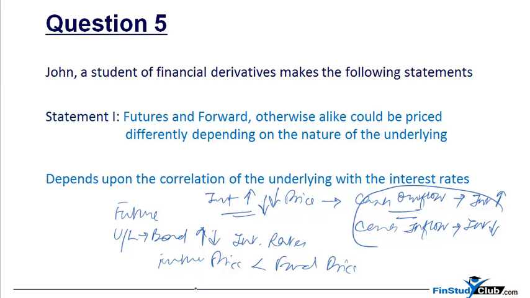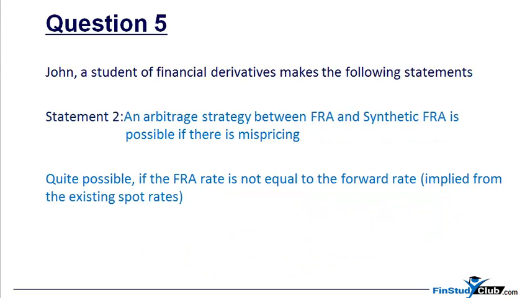So I hope this is clear with everyone. So depending on the nature of the underlying, its relationship with interest rate, the future and forward prices could very well be different. Apart from some other factors, this is one factor that you need to be mindful of.